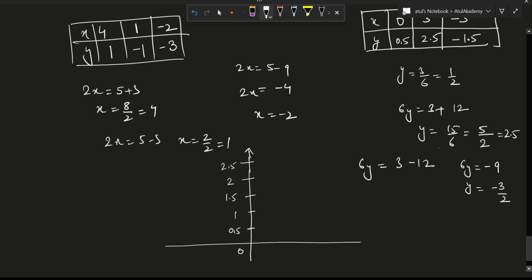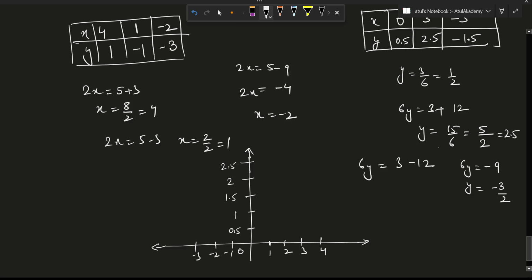Then x is going negative, till -1, -2, and I think -3 also. Here I will take again 1, 2, 3, 4.